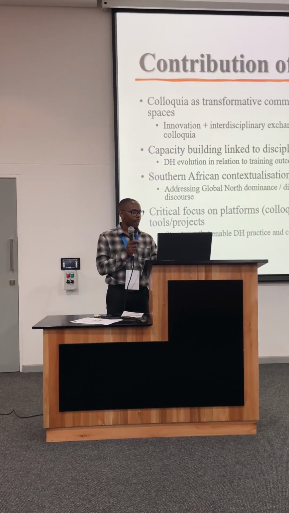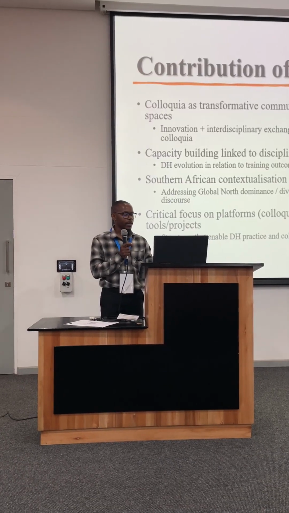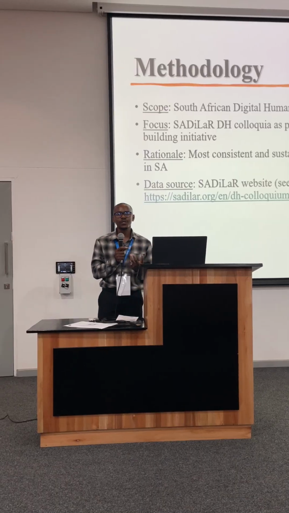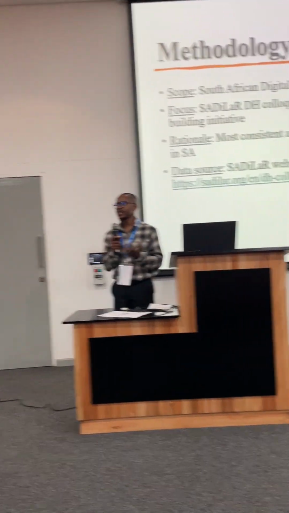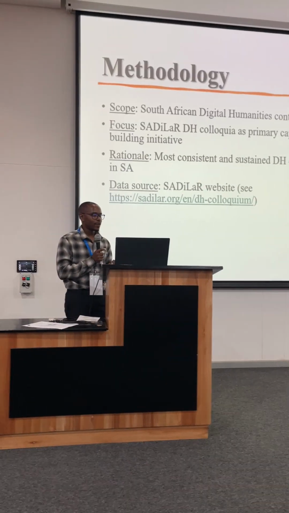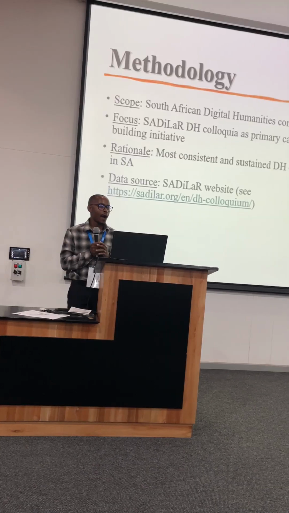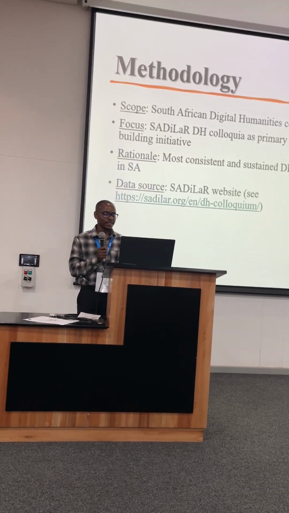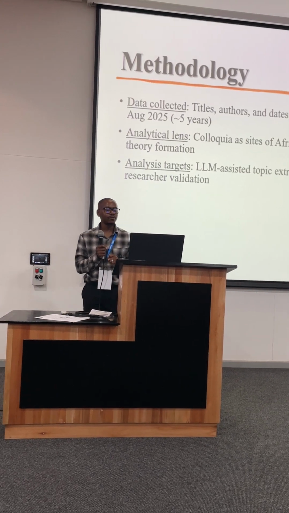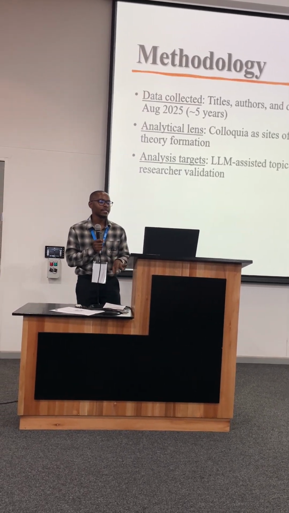And then of course, looking also at the platform, the Colloquium, and not just at tools and resources, which is typical in the introduction of digital humanities. I used the South African digital humanities context using the SADiLaR DH Colloquia. So I extracted from their website the titles, authors, and dates from October 2020 to August 2025, so about 5 years.